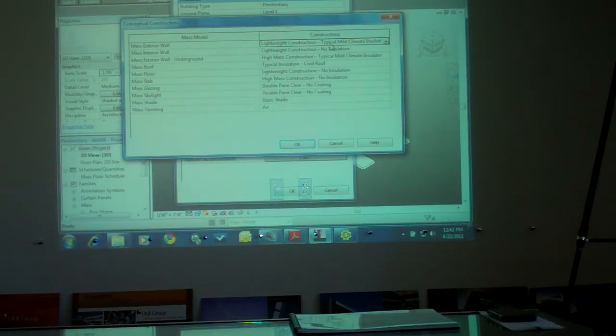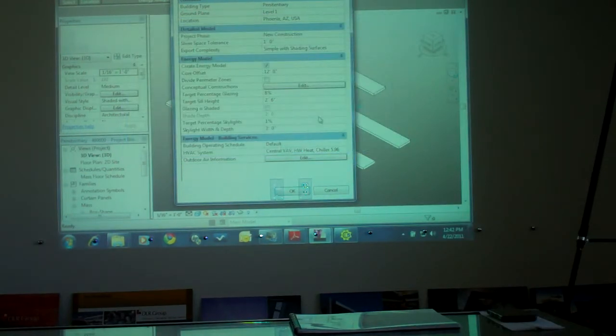You can't really define the different layers you have, but during the early form analysis, you don't really know that. You can just think about, do I have a high mass wall or a low mass wall? That's all you need to know. And that's how stripped down it is. So you can assign some of these construction types at a very schematic level.